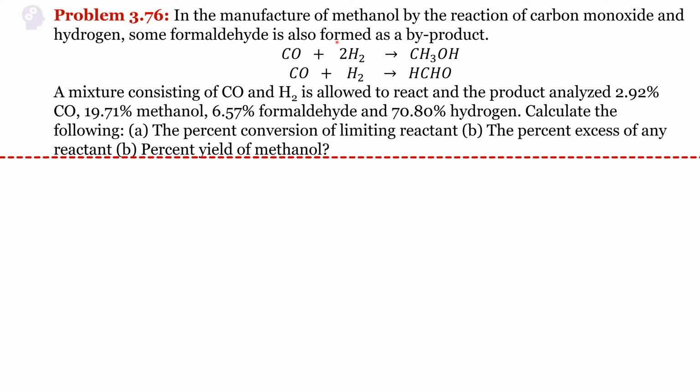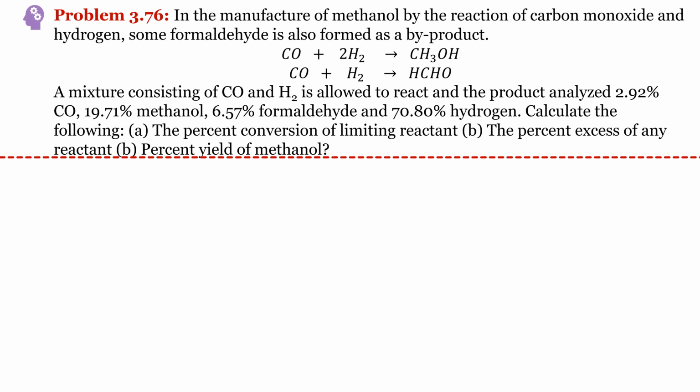So not all of the moles of CO and H2 are converted to CH3OH and HCHO. Certain moles of CO and H2 got converted to desired and undesired products, and the rest came out unreacted in the product composition. Now we need to find the percentage conversion of the limiting reactant, the percentage excess of reactant and the percentage yield of methanol.